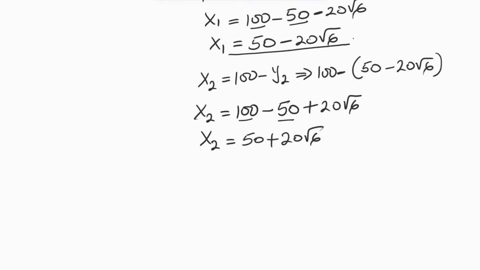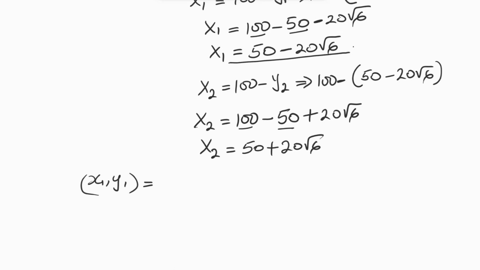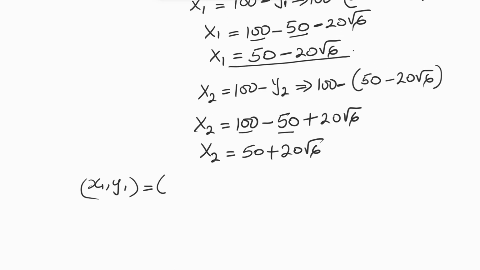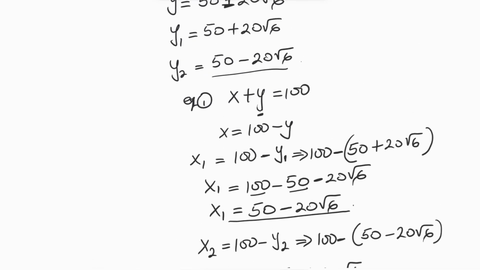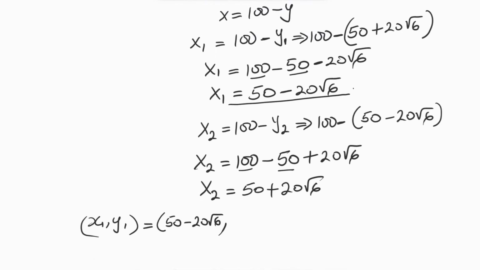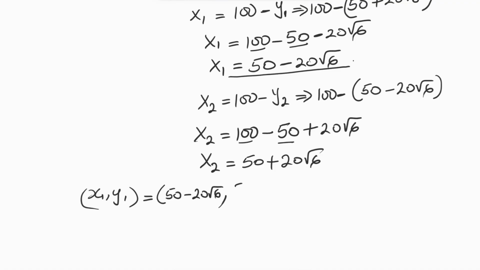So let's write this out properly. So we have that x1, y1 is equal to what? Our x1 is 50 minus 20 root 6. And our y1 is 50 plus 20 root 6.